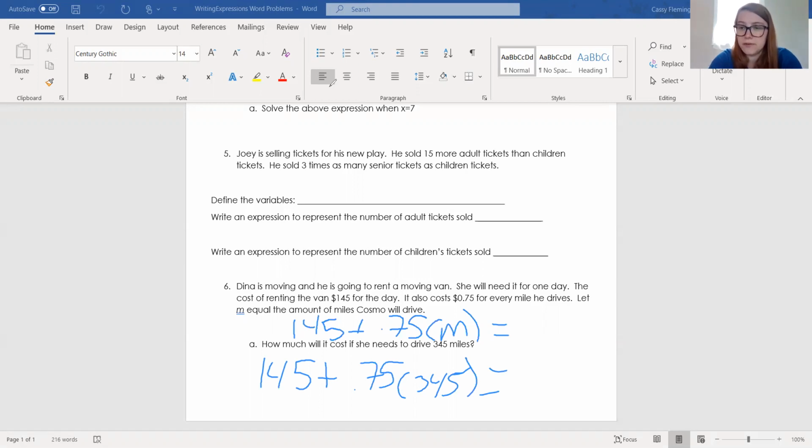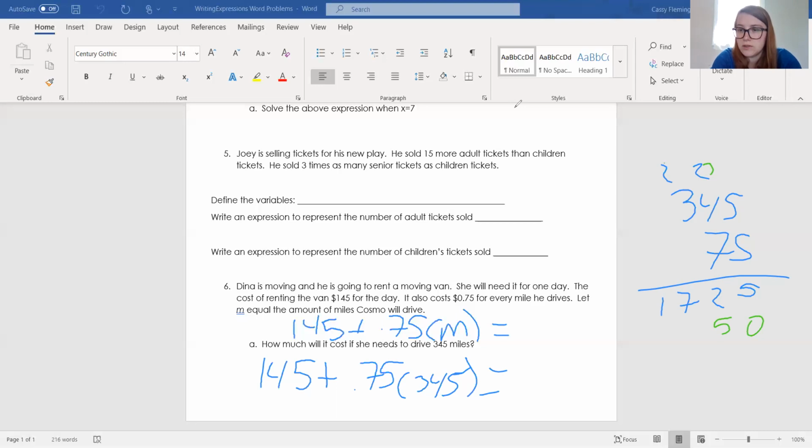So we have 75 times 345. 5 times 5 is 25. 5 times 4 is 20, plus 2 is 22. 5 times 3 is 15, 16, 17. 7 times 5, I'll do this in a different color. 7 times 5 is 35. 7 times 4 is 28.